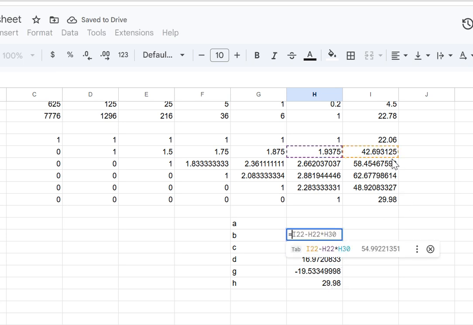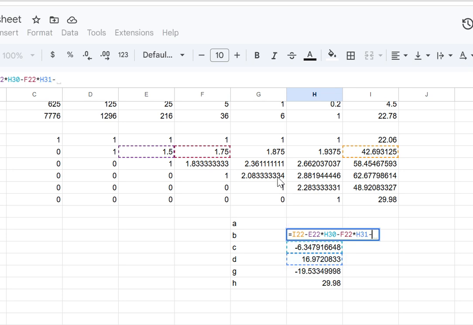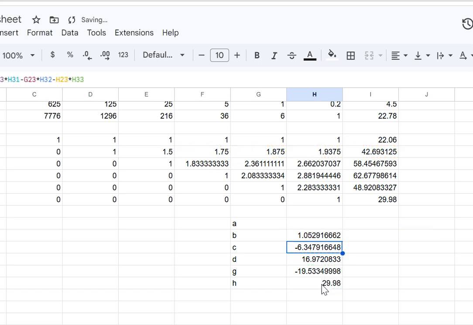B is equal to the solution of B minus this times this, minus this times this, minus this times this, minus this times this. And for A, one of each of the unknown constants is equal to this value.